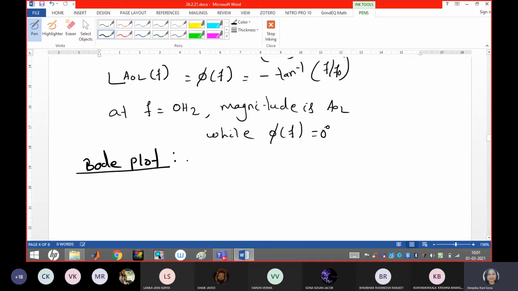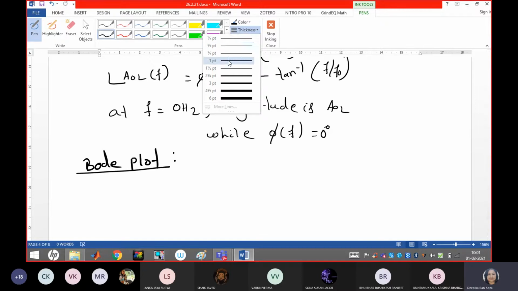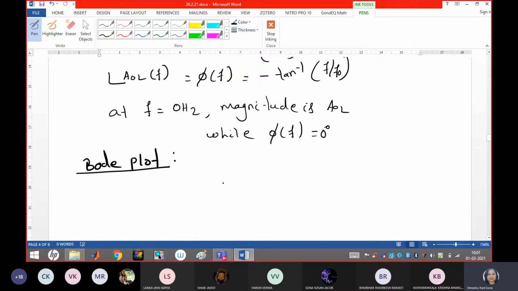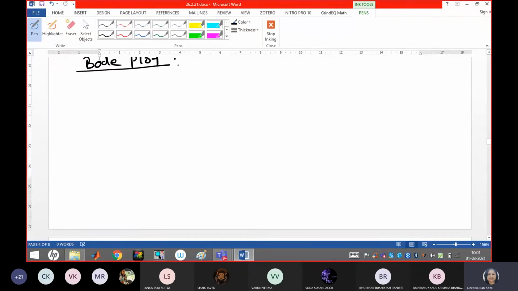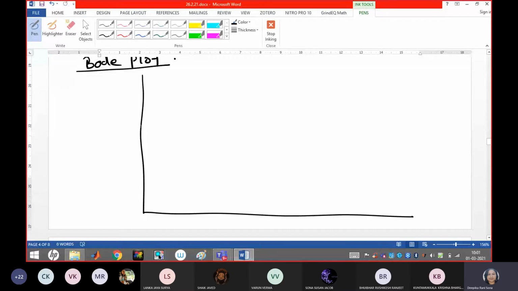Bode plot of the frequency response. Okay. I'm going to show you the frequency plot and the phase plot of both the things.